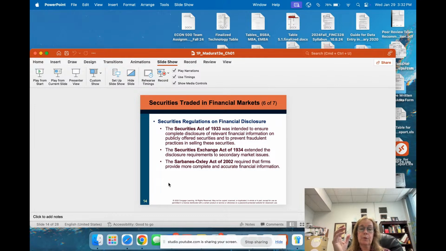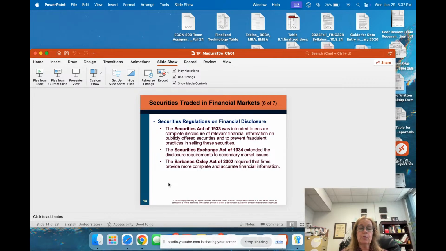Because what was happening when we had these issues with WorldCom and with Enron going under was that the CEOs were saying that they really didn't know what was going on. They weren't taking responsibility. So the Sarbanes-Oxley Act is to try to force these officials to take responsibility and to actually prosecute them if the financial statements are not accurate.